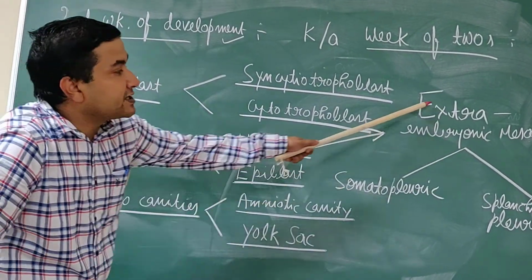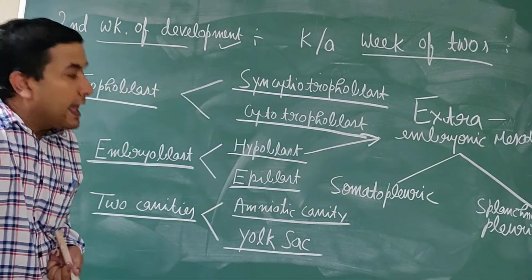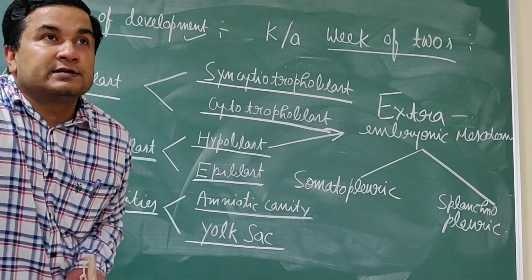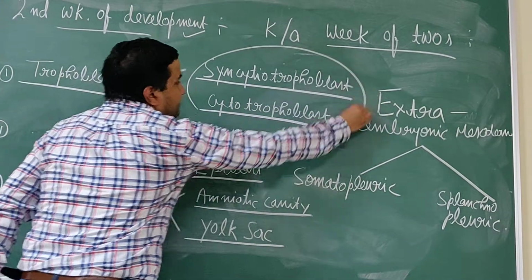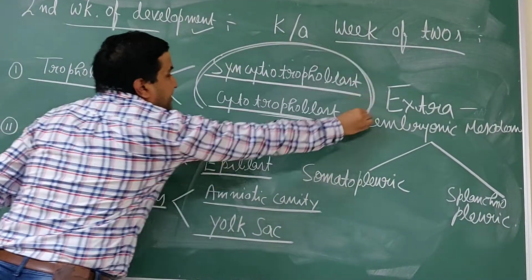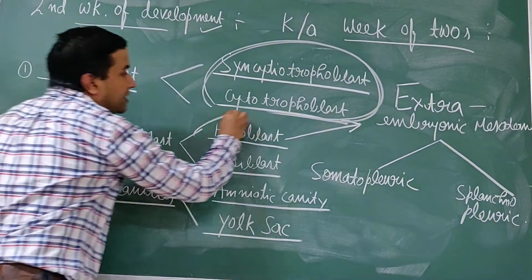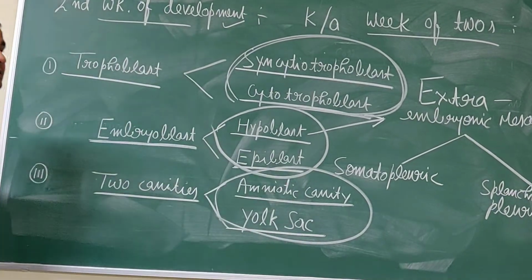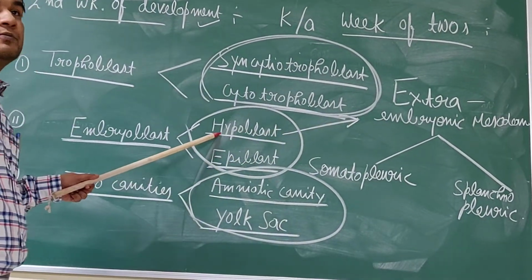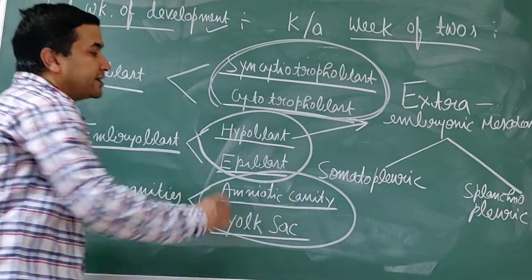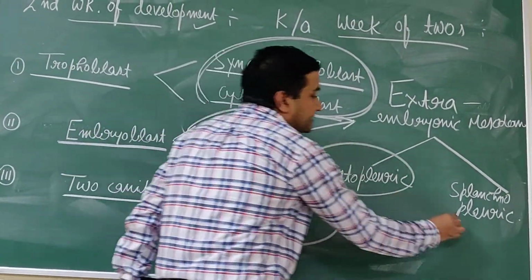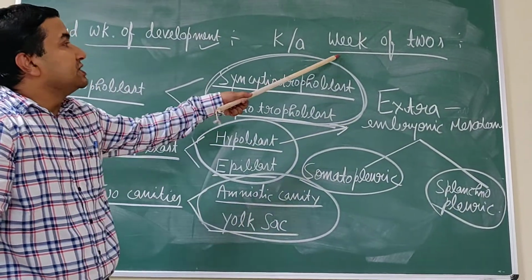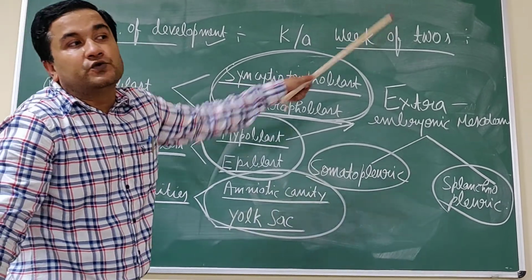Somatopleuric layer of the extra embryonic mesoderm and splanchnopleuric layer of the extra embryonic mesoderm. So there is formation of two structures. This trophoblast differentiated into two structures. This embryoblast differentiated into two structures. There is formation of two cavities, and this extra embryonic mesoderm derived from the hypoblast again divided into two parts, somatopleuric and splanchnopleuric layers. So it is known as the week of twos.